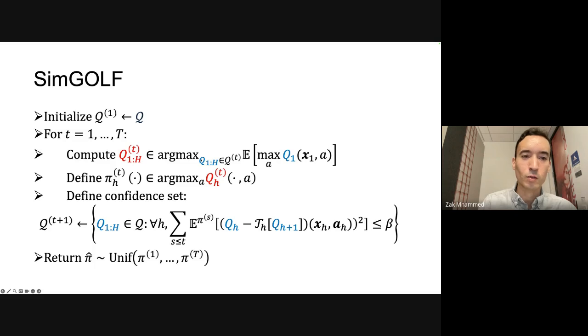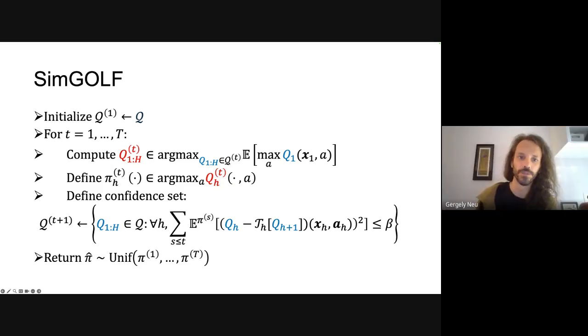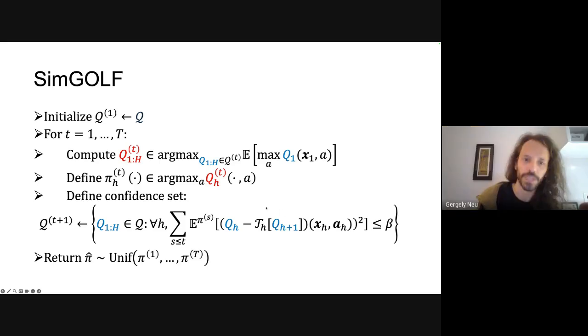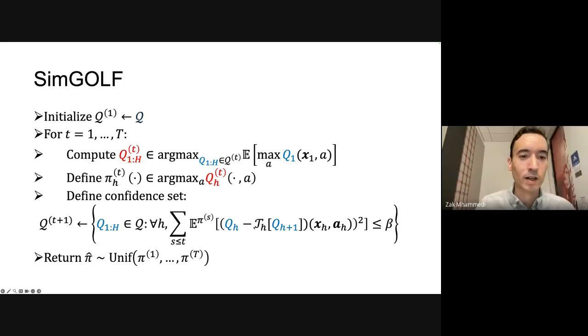Even though the objective only has Q1, the others are involved in the constraints. I see. So you're not free to choose the Q for each index h, but you have to choose an entire sequence that is somehow coherent. Yeah, because they're entangled. Q1 will involve Q2 as well, and so on. It's not a separable objective.